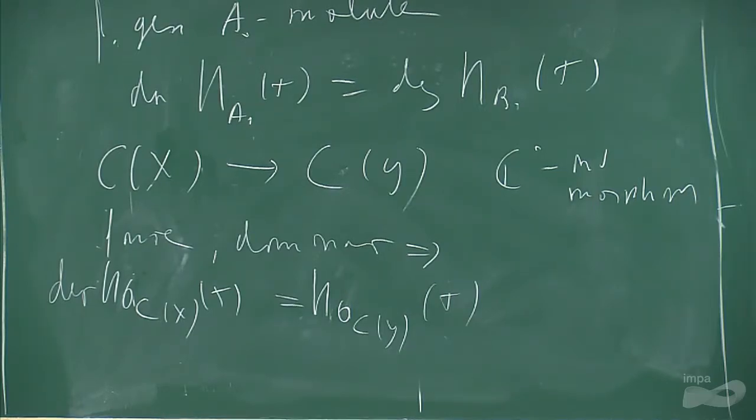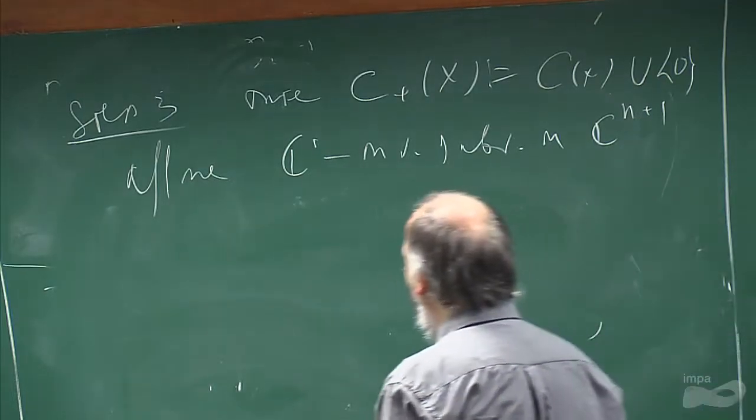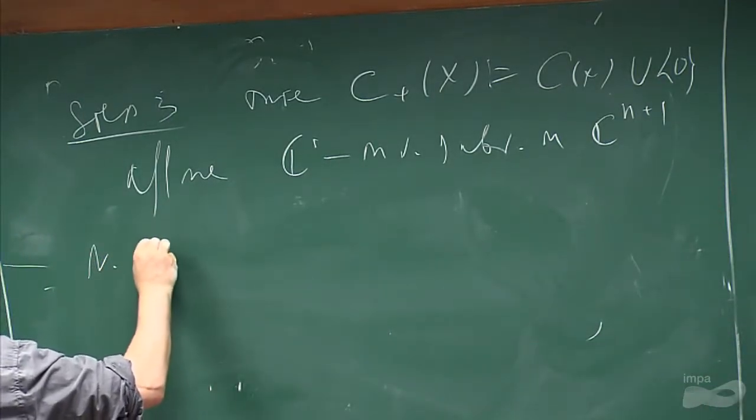So step 3, take C plus of x, which is just C of x union with 0. This again is an affine C star invariant variety in C power n plus 1, the same as with I. Okay, then we can apply Noether normalization.